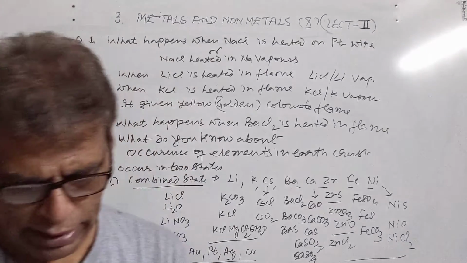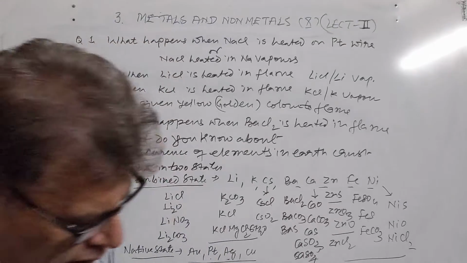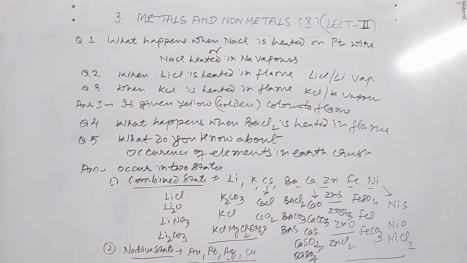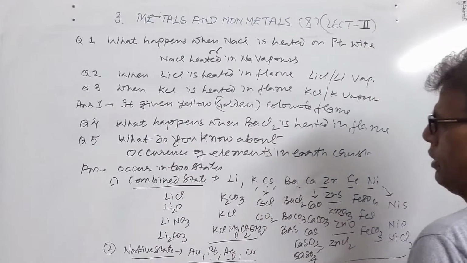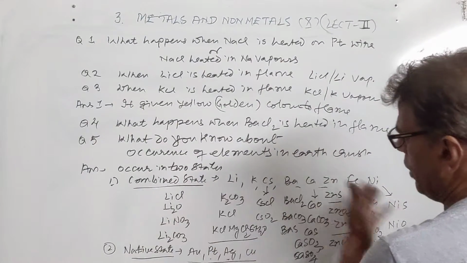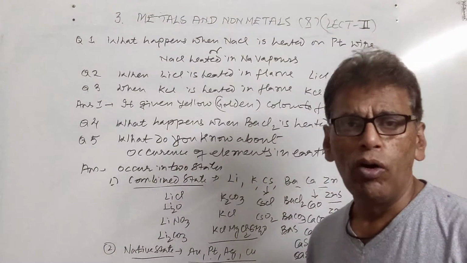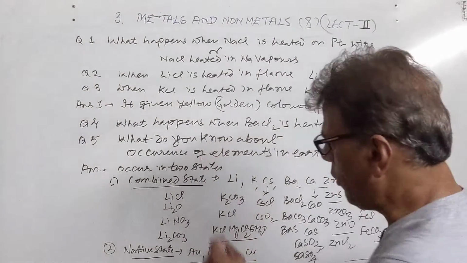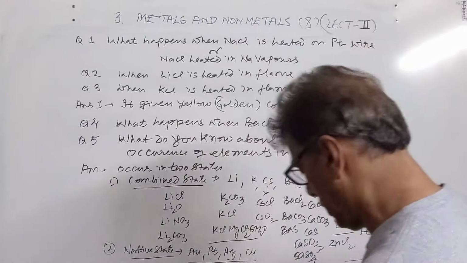Then we have the next point: how do we extract the metal from the ore? First of all, let us define mineral and ore. What are minerals? Any combined state of these elements is called a mineral. And an ore is that combined state, out of these minerals, from which metal can be economically extracted.